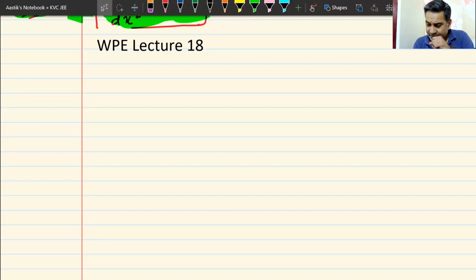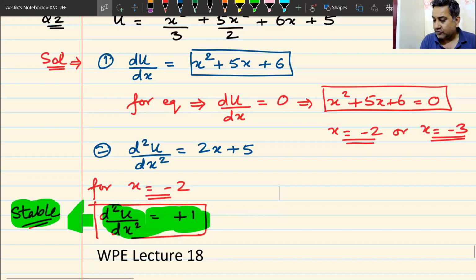In the last class, we had discussed the types of equilibrium. We had seen what types of equilibrium there are and how we find out whether the equilibrium is stable or unstable. The first step is to find du by dx.